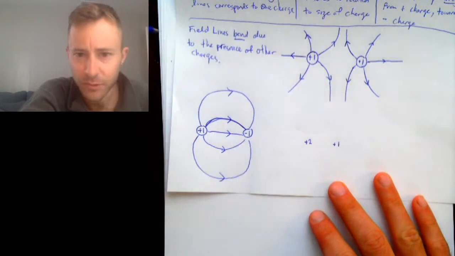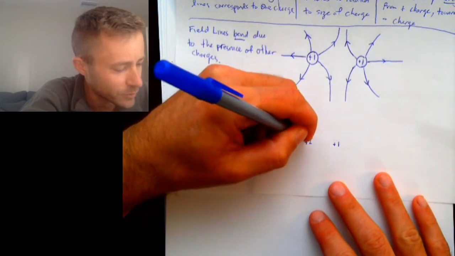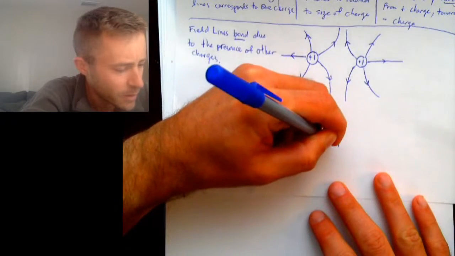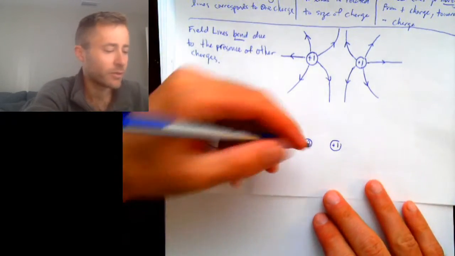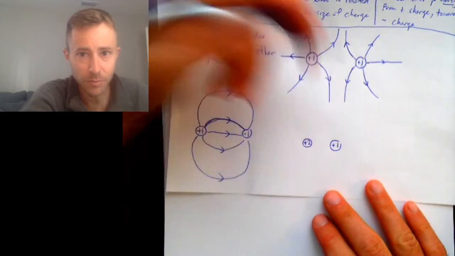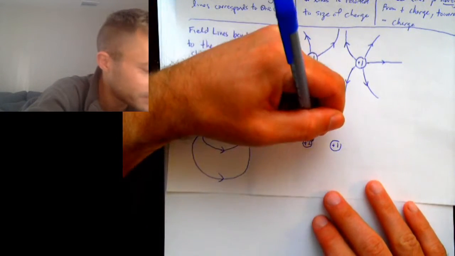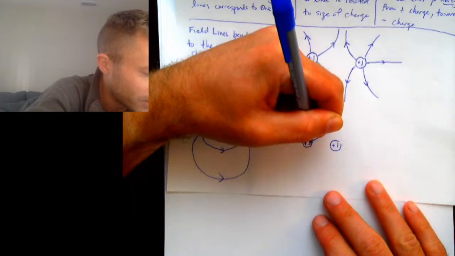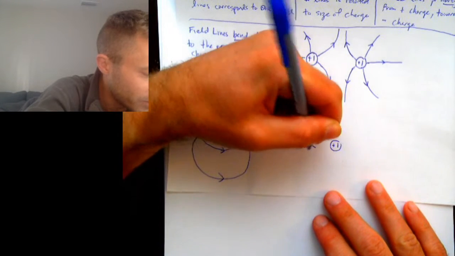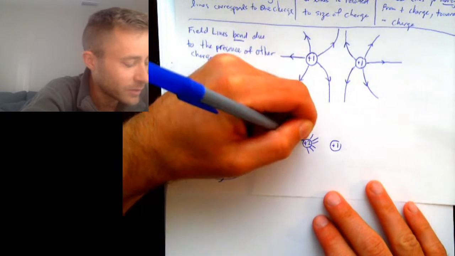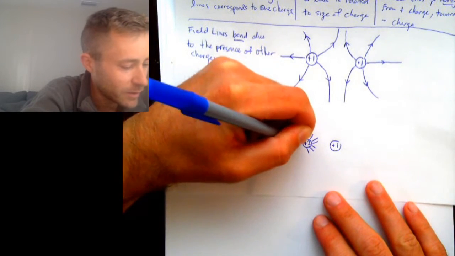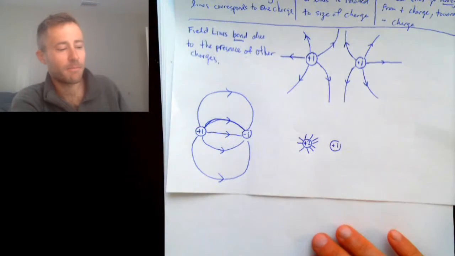I'm going to draw this a little bit smaller just so I can fit it all. Maybe +2 has 10 lines because +1 had 5 lines. So it's like 1, 2, 3, 4, 5, 6, 7, 8, 9, 10, something like that.